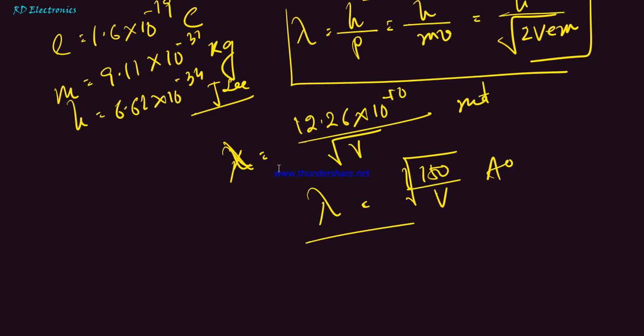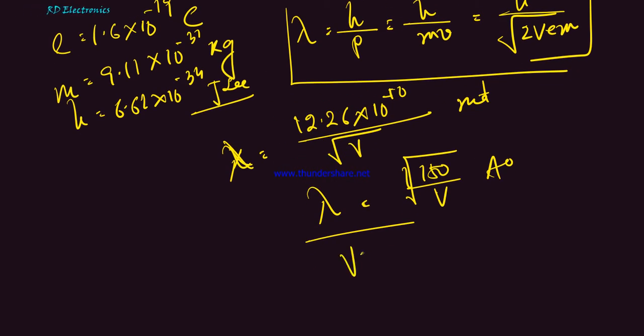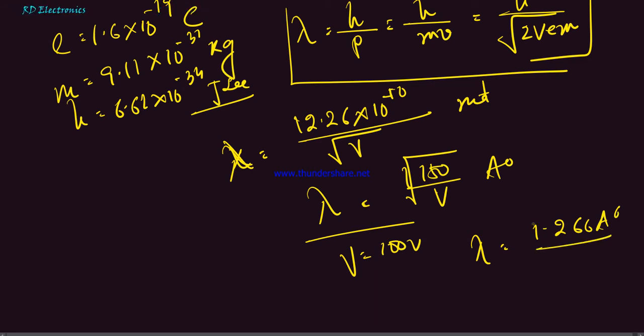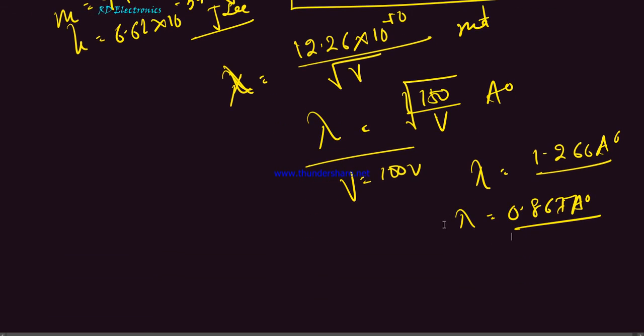Now if V equals 100 volt potential difference, then lambda equals 1.266 Angstrom. Now when V equals 200 volt, lambda equals 0.867 Angstrom. So for different voltages, different values of lambda are created.